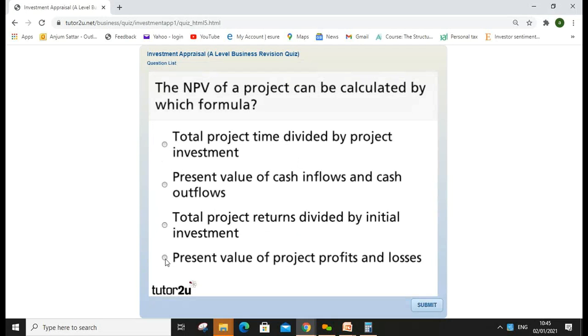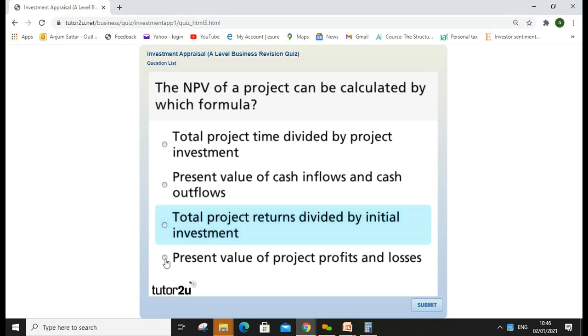Okay, the NPV of the project can be calculated using which formula? NPV, net present value: the present value of the inflow and cash outflow, where present value is after multiplying with the discount factor.